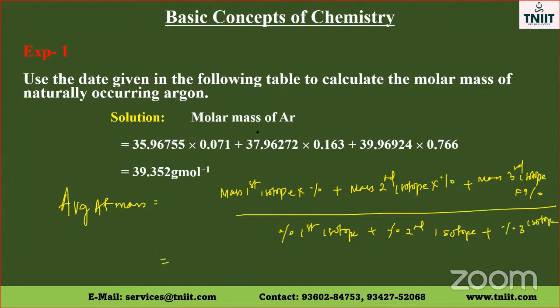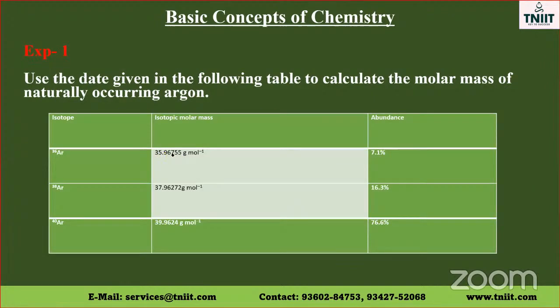So the mass of the first isotope, what have they given? It's 35.96755 and 7.1 is the abundance.